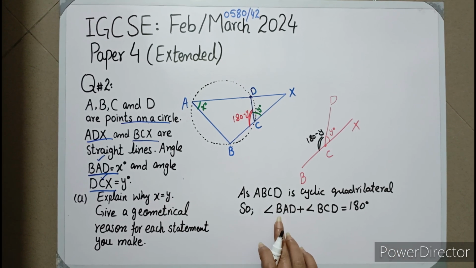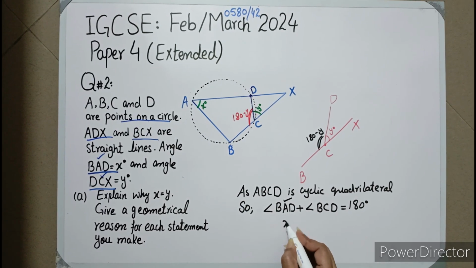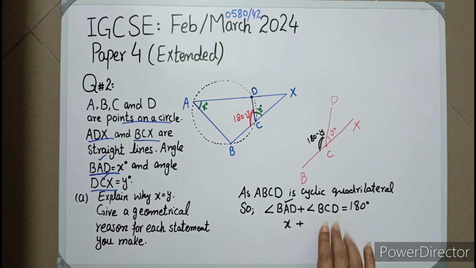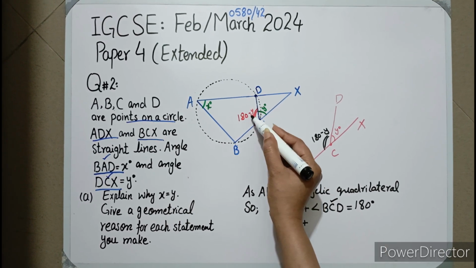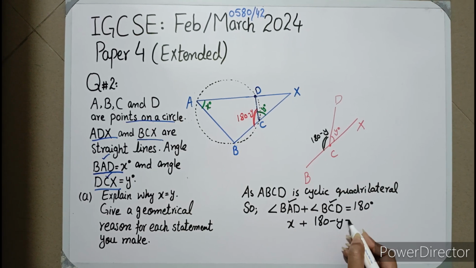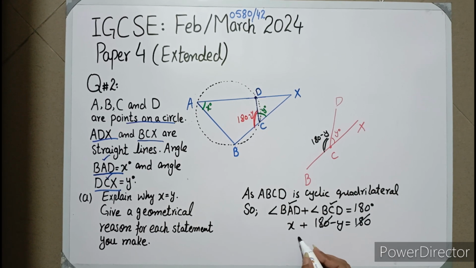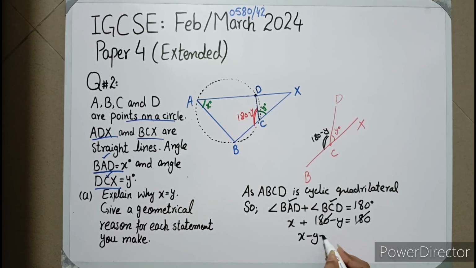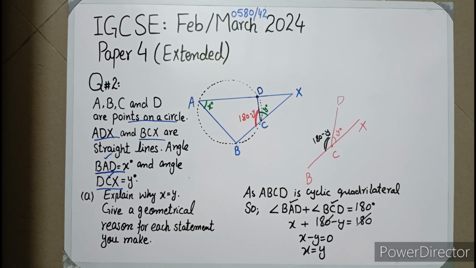As you know, the angle formed at A, shown in the figure, is x, whereas the angle formed at the middle point C is 180 minus y. So here you will cancel these 180s with each other, and you are left with x equals y, which basically gives you x is equal to y.